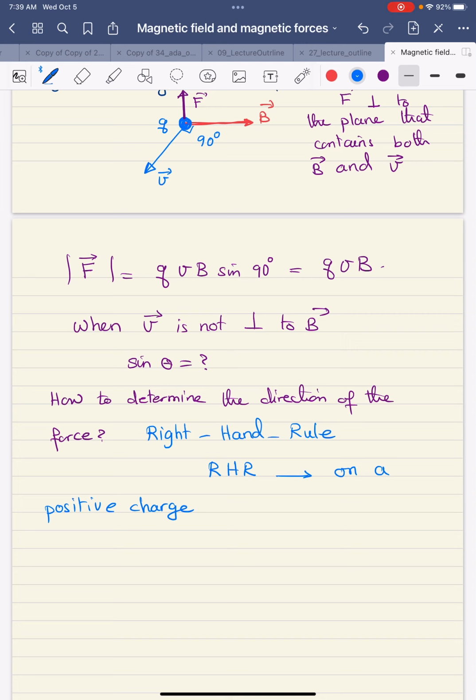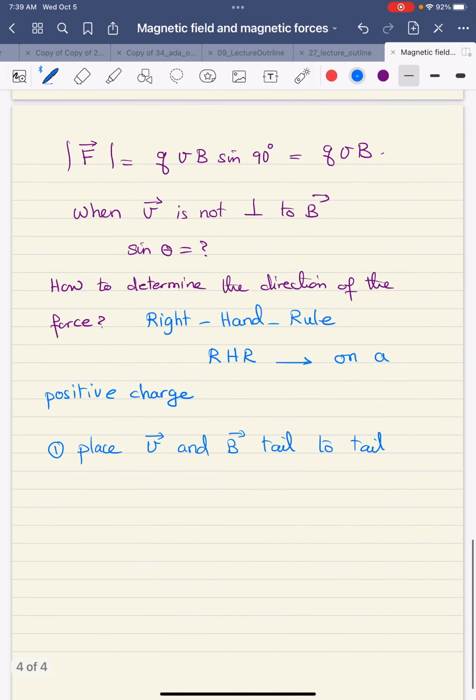But let's talk now about applying the rules for a positive charge. First, we're going to place V and B as vectors tail to tail, which means I used red for, let's say, the B, and the blue for V, and the charge here is a positive charge.